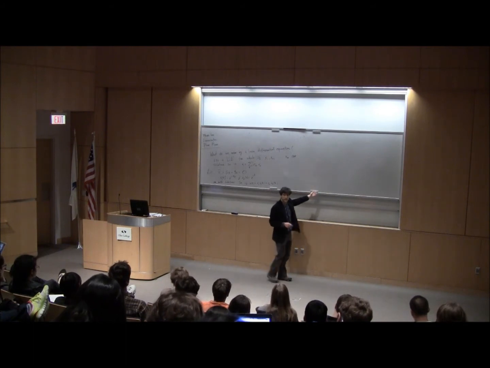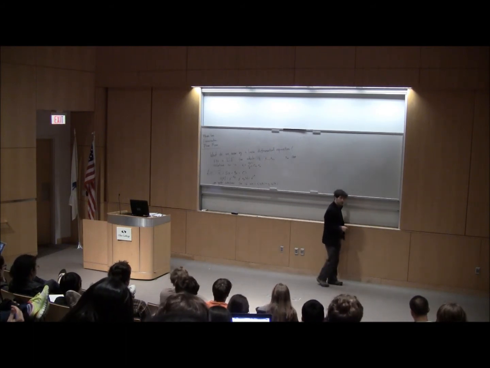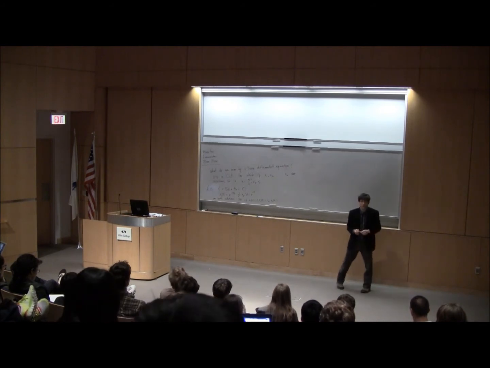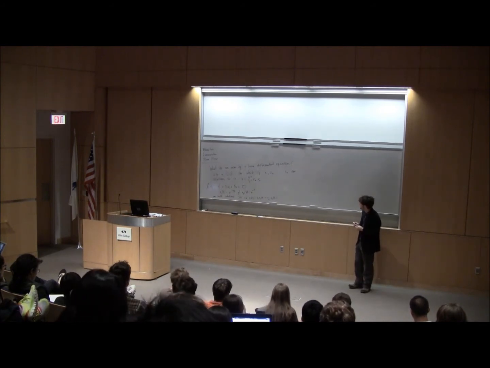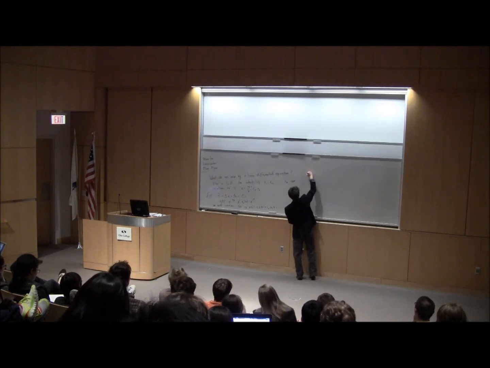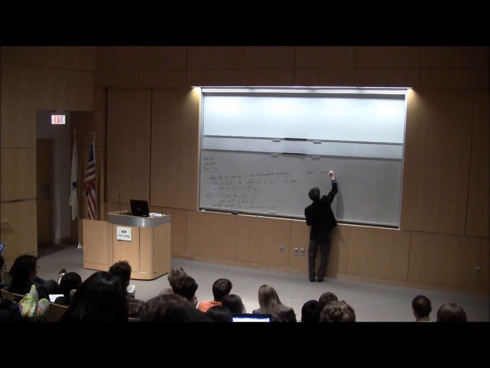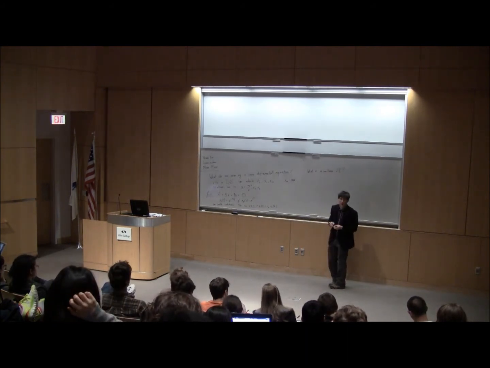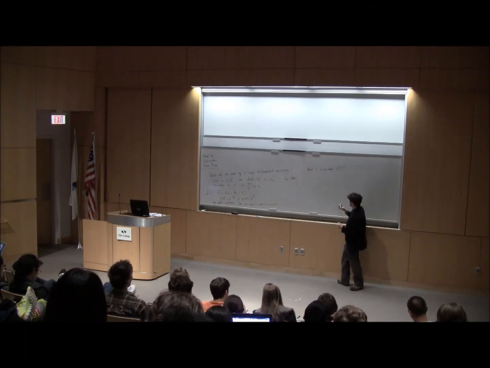So let's look perhaps at an example of a nonlinear differential equation. What is an example of a nonlinear differential equation? Well, it's a differential equation that's not linear. Yay.